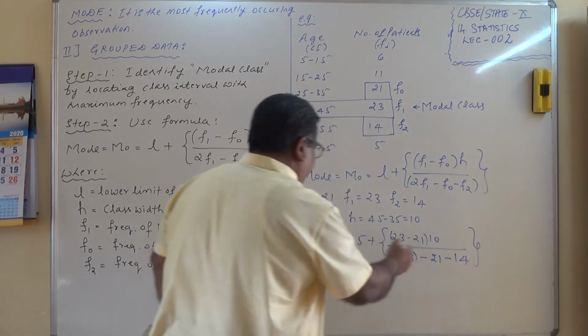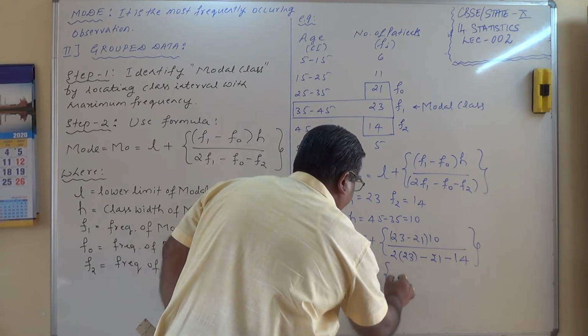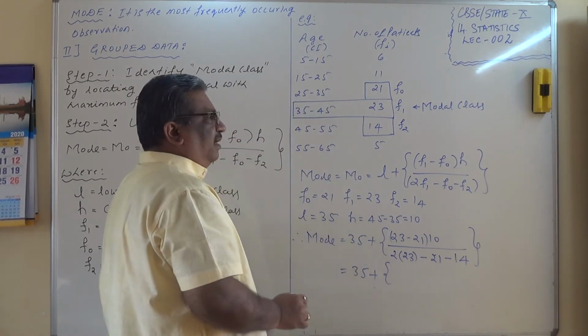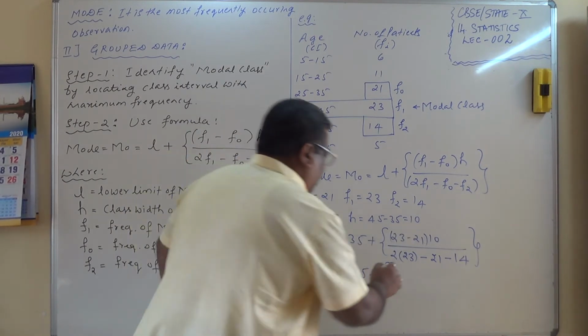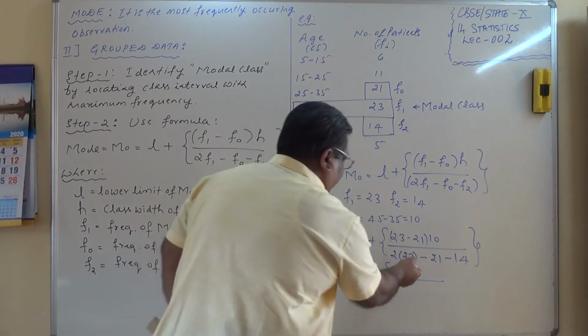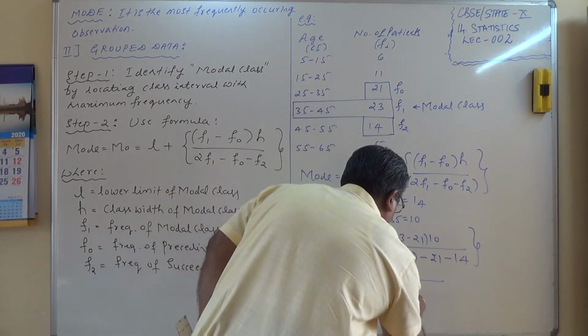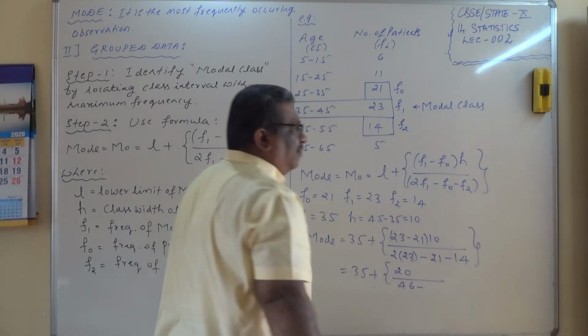Which is equal to 35 plus, into bracket, 23 minus 21 which is 2, into 10, 20, divided by 23 into 2, 46 minus 21 plus 14, how much?